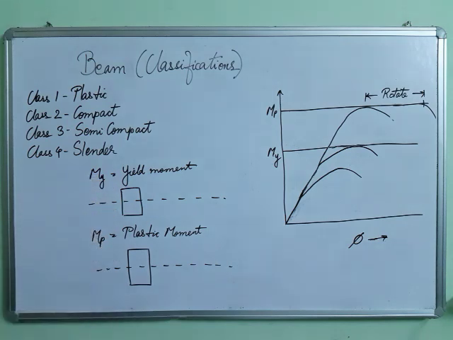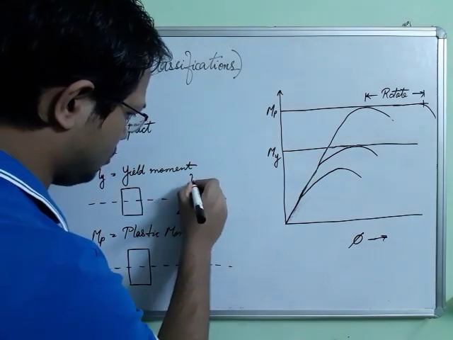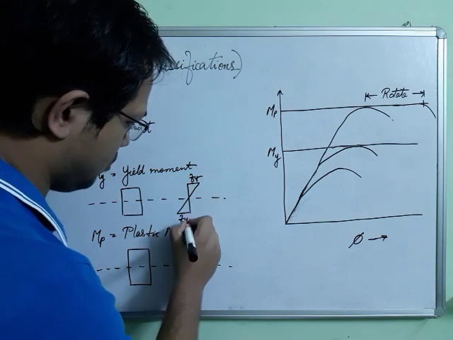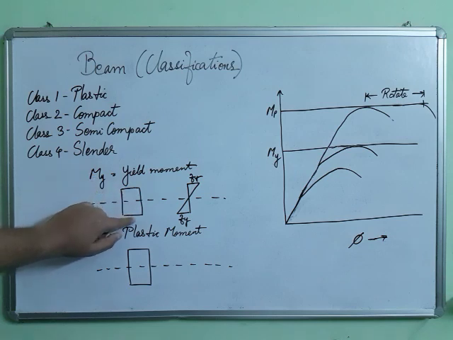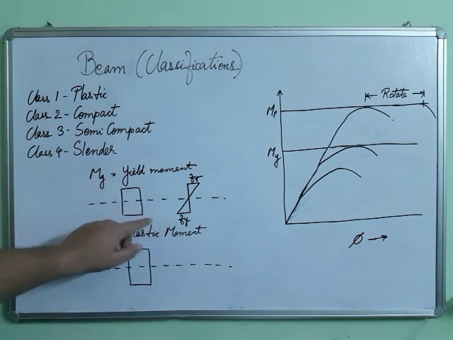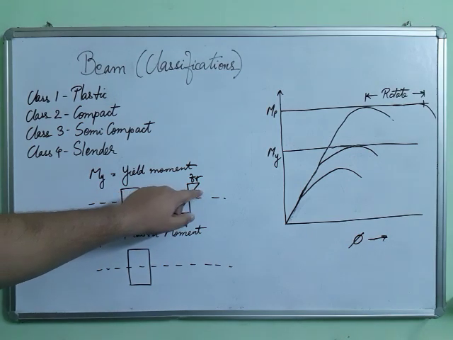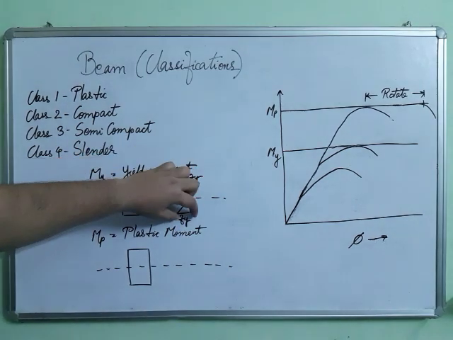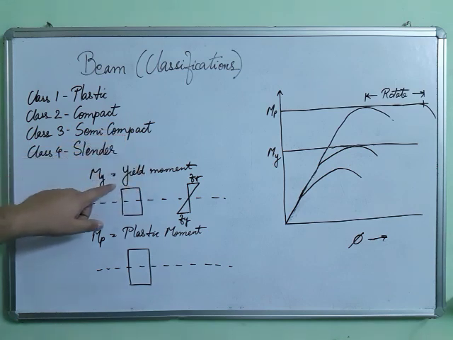Now if the moment reaches yield moment, it means that the extreme fibers, that means this one and this one, will reach the yield stress Fy. Remaining fibers here and here, they will not reach Fy because they are less. Okay, only the Fy value is reached by the extreme fibers. So at that point, the moment will be called as the yield moment.